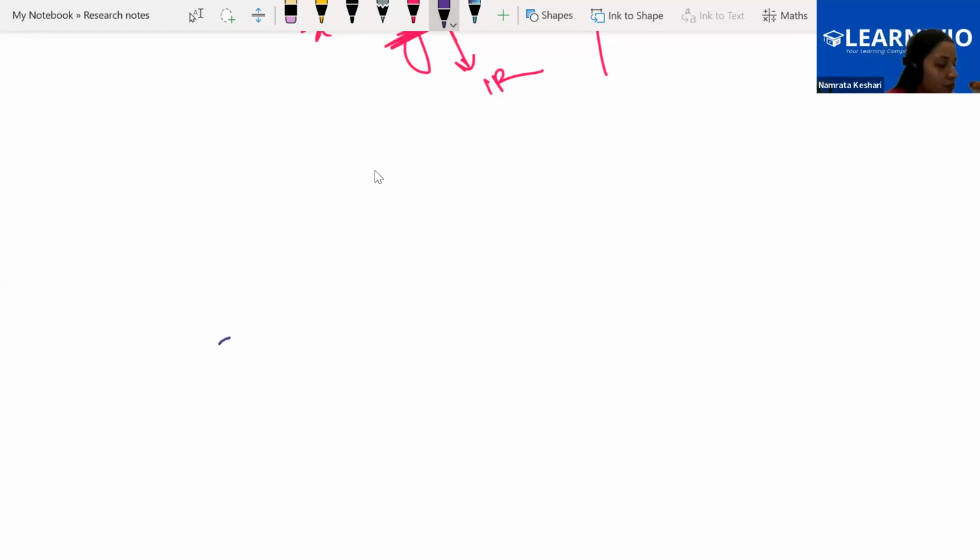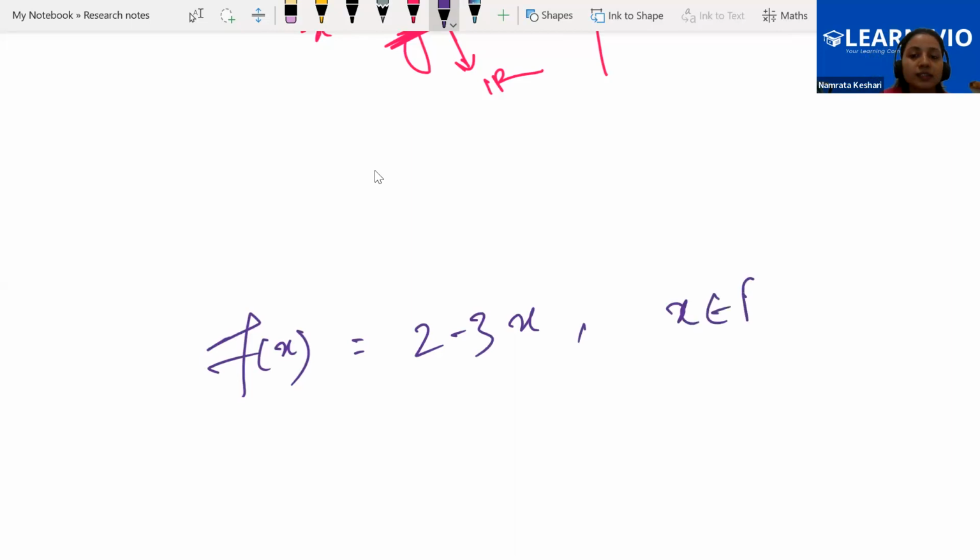Suppose we have a function f of x is equal to 2 minus 3x, and here it is given that x belongs to all real numbers and x is greater than 0. X belongs to all real numbers, till that it is fine.